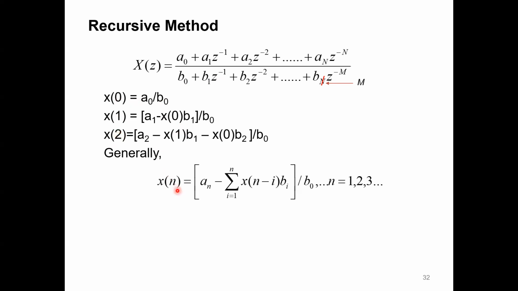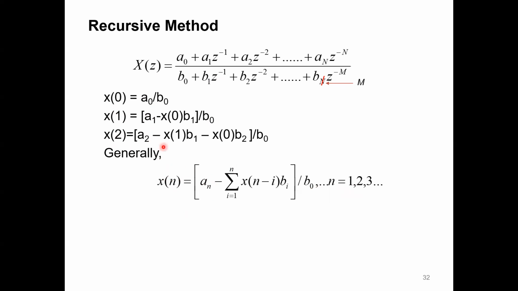What about for n? Any nth sample is calculated this way: a_n minus the summation over i from 1 to n of x_(n minus i) b_i, the whole thing divided by b0, for any n. And if you just put n equals 1, you can see that you are getting this expression. For n equals 1, the left hand side is x1.